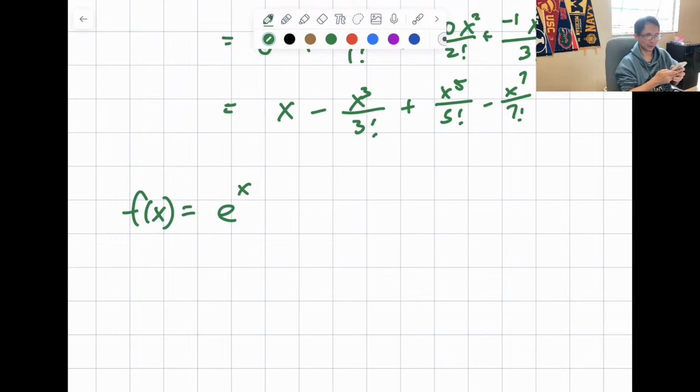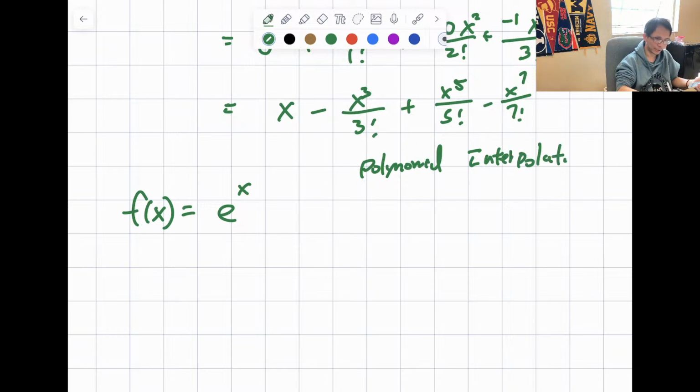We never said anything about polynomials. Yeah, I spelled it right. Can you spell the word? Polynomial. Interpolation. You're just not saying it right. What's interpolation? Oh wow.